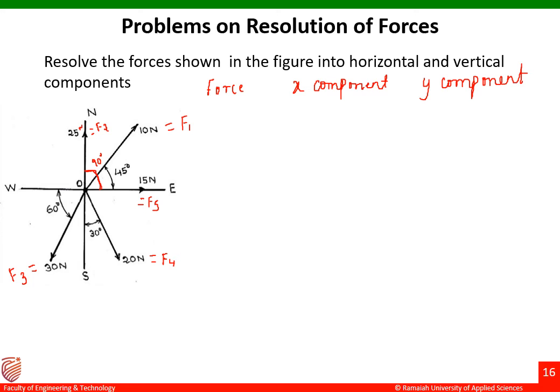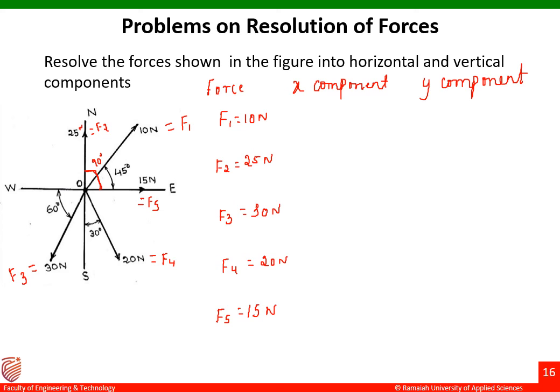We have already named the forces here, that is F1 equal to 10 Newton, F2 equal to 25 Newton, F3 equal to 30 Newton. Similarly, F4 equal to 20 Newton, F5 is equal to 15 Newton.